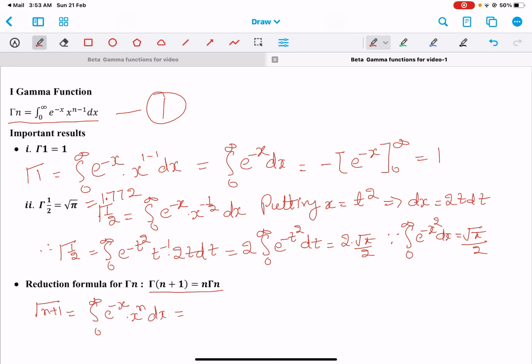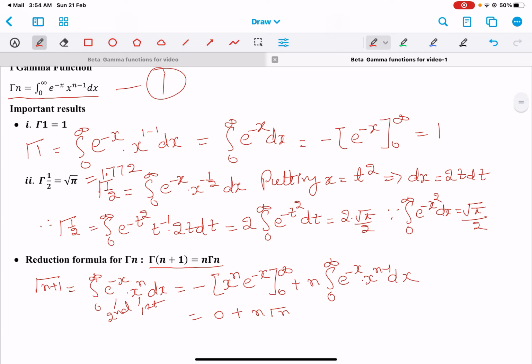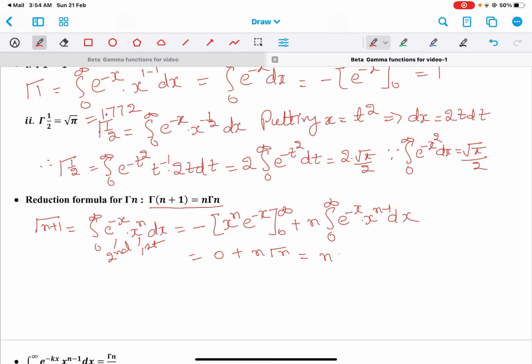This may be expanded by parts. If I take this as the first function and this as the second function, integrating by parts, I get something which is nothing but 0 plus n gamma n, which is n gamma n.